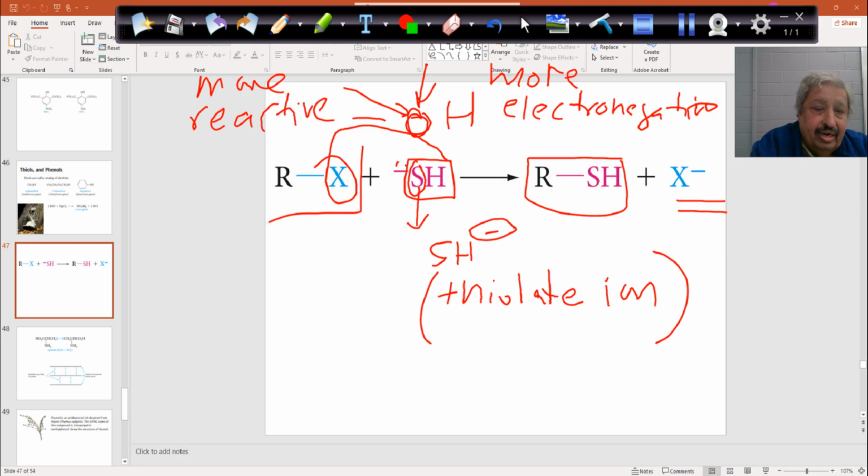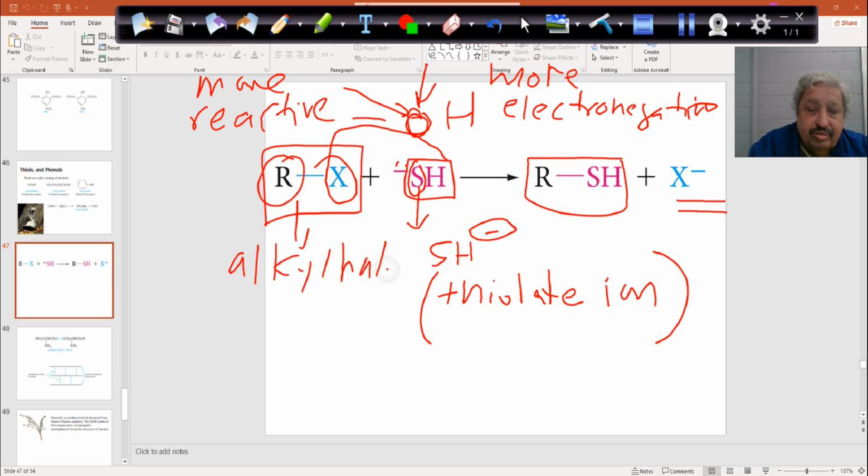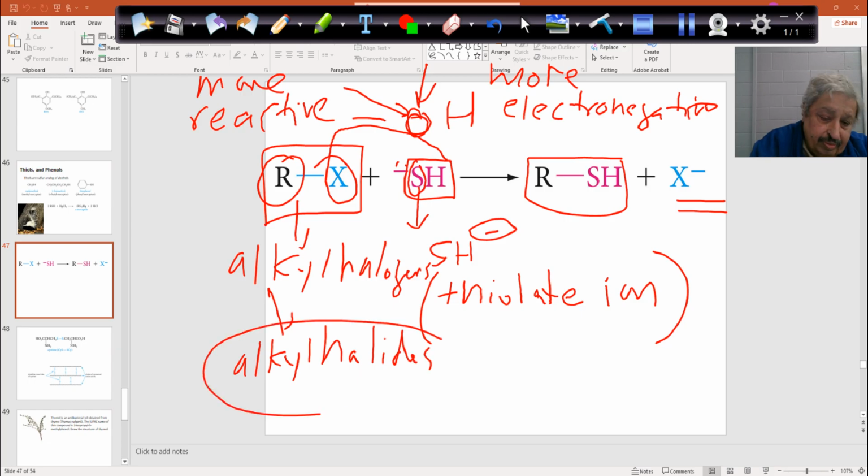That's called the alkyl halogens. This is the alkyl group. Halogens means chlorine, bromine, iodine. So they're called alkyl halides, the name of it.